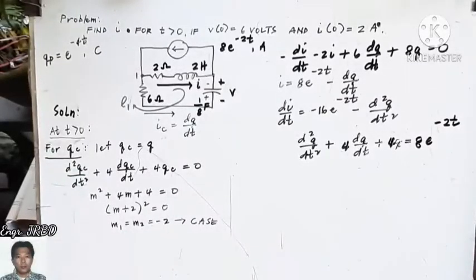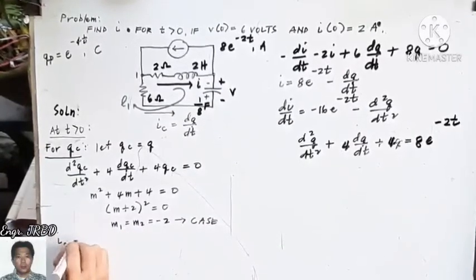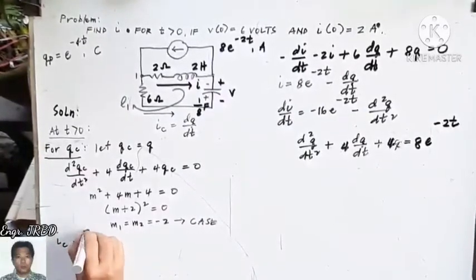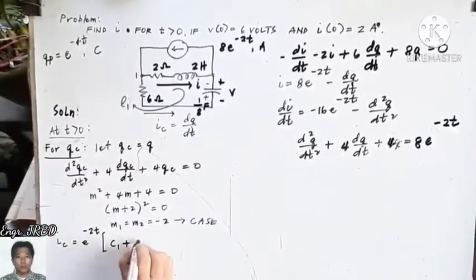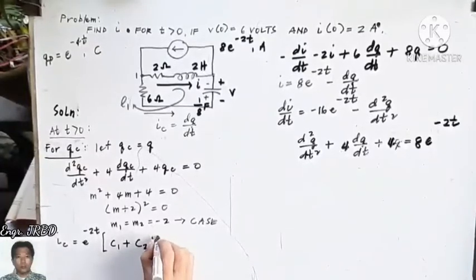Real and equal. So your IC is equivalent now to e raised to negative 2t times C1 plus C2 times t. This is in terms of amperes.